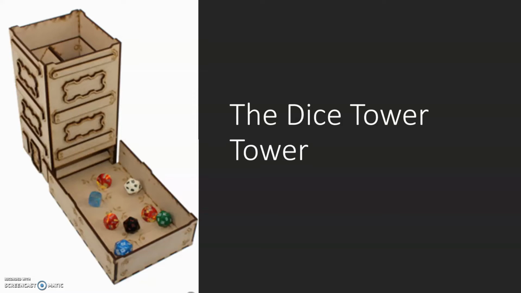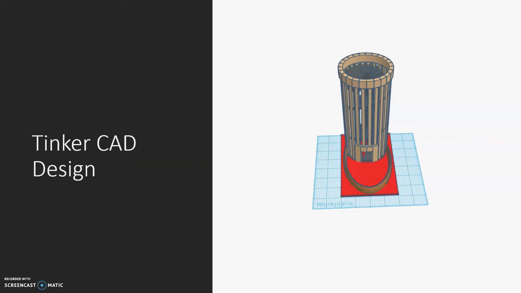And to the gracious souls that work down there, I was able to get access to it for this project. So I used a software called Tinkercad, or Tinker Computer Aided Design, and I designed my own dice tower. What you can see here on screen is the very first draft saved of that dice tower.